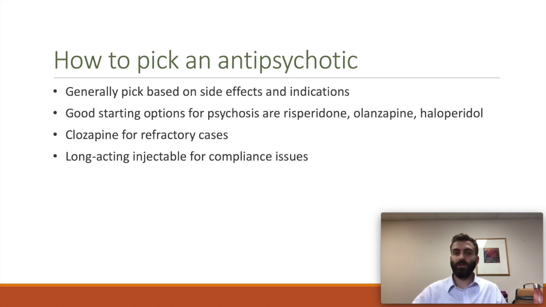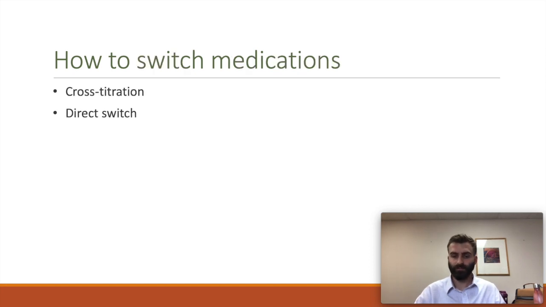Good starting options for psychosis, maybe I shouldn't say good starting options, but commonly used starting options, not that they're bad, are risperidone, olanzapine, and haloperidol. Clozapine for refractory cases, so generally after 2 trials of other medications, or if a person's really suicidal or violent, it can be sooner than 2 other trials. And then long-acting injectables for compliance issues.